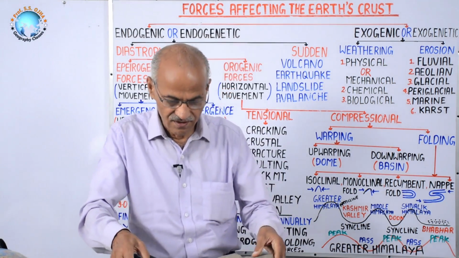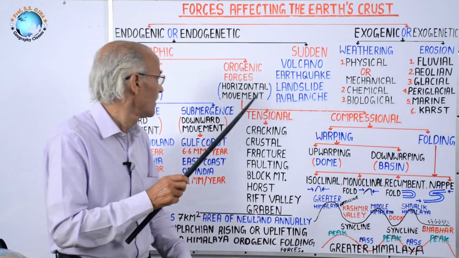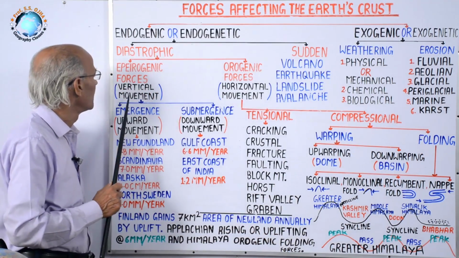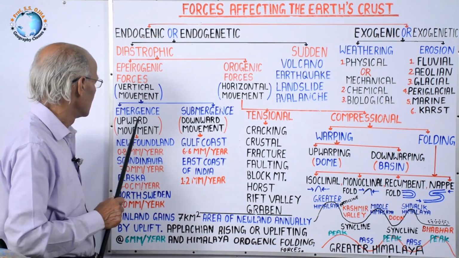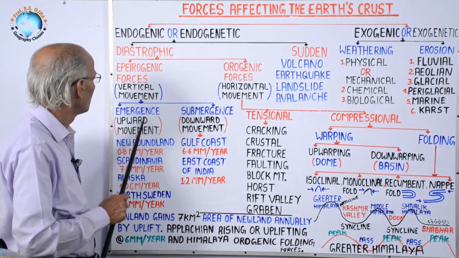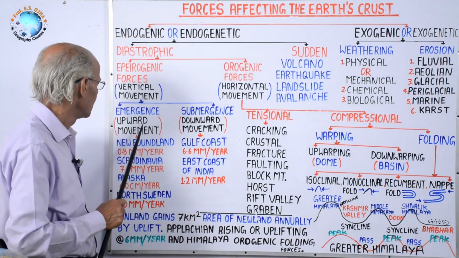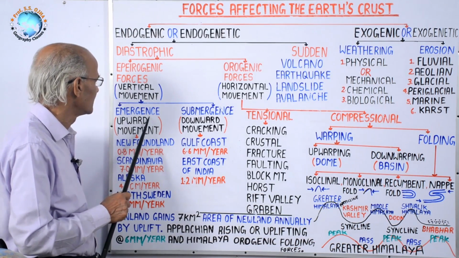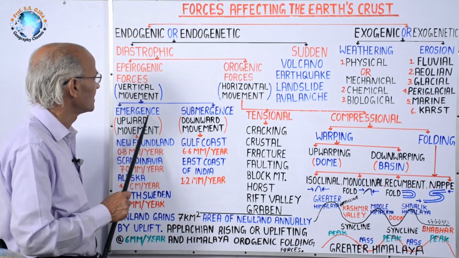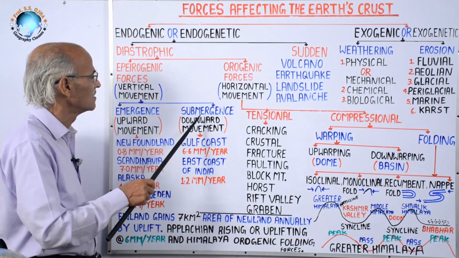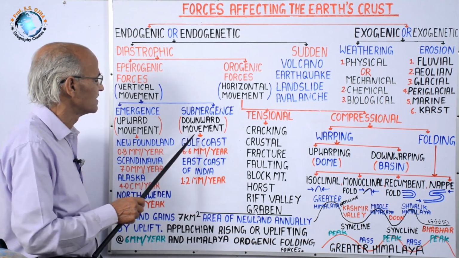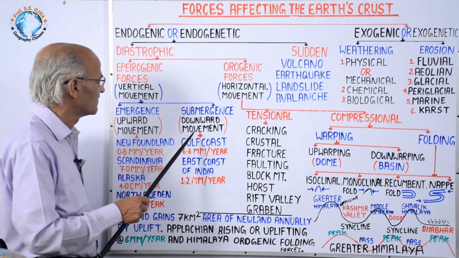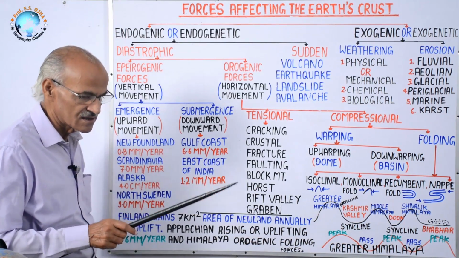Now let us see how these plates are moving up. If the plate is moving upward, then it is called emergence. Emergence means coming up. And if the plate is going down, that is called submergence. In submergence, land gets down.